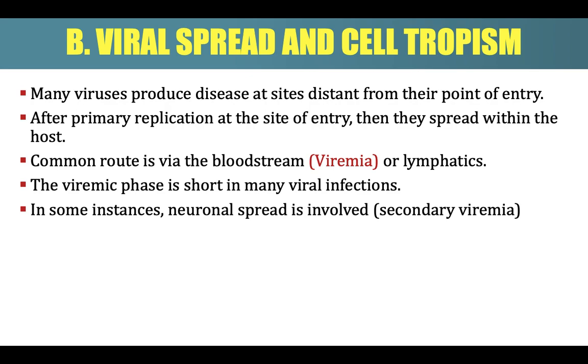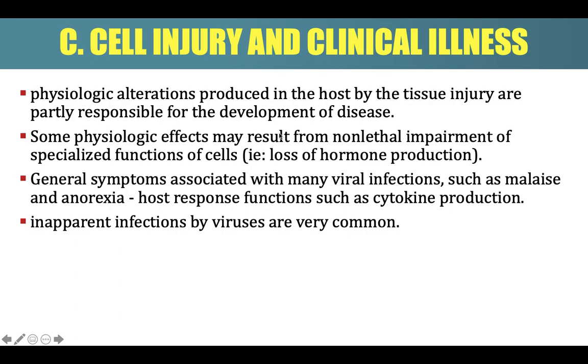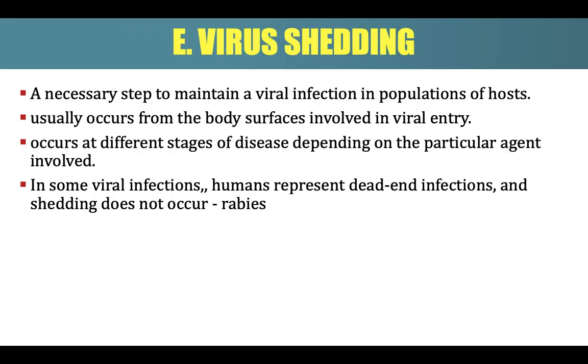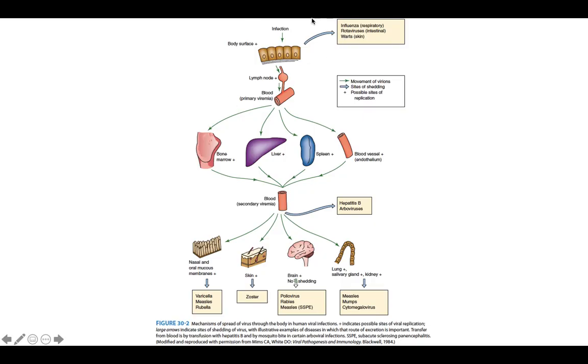After primary replication at the site of entry, these viruses usually spread within the host. Mechanisms of virus spread vary, but the most common route is via the bloodstream or lymphatic system. Just remember the figure just now, we've got the lymph node or the blood.